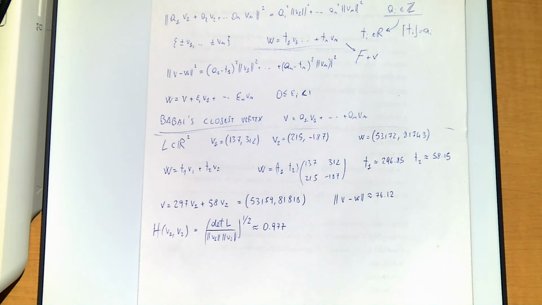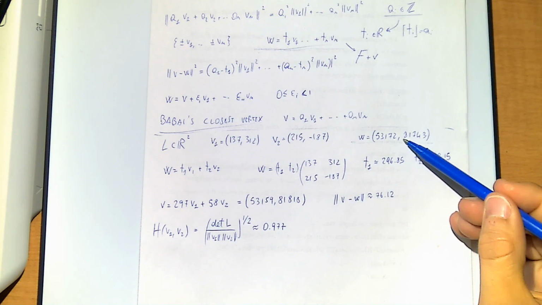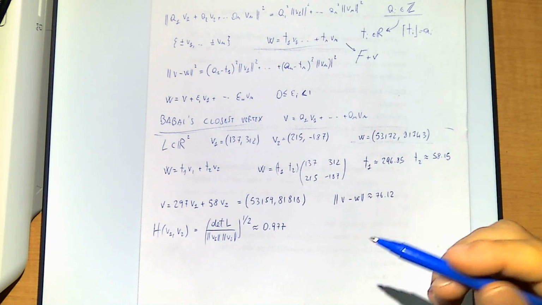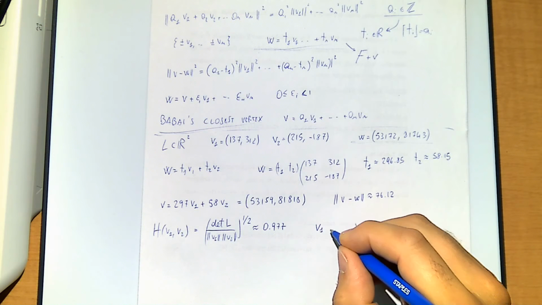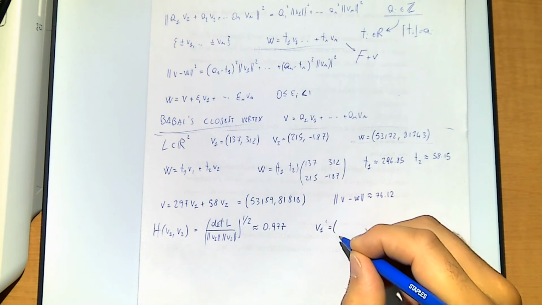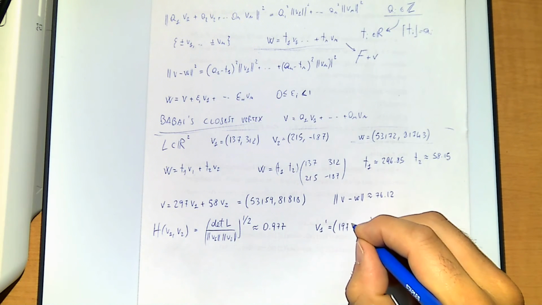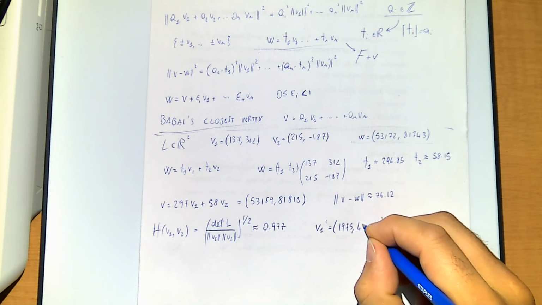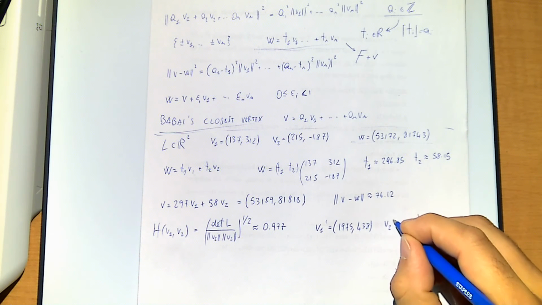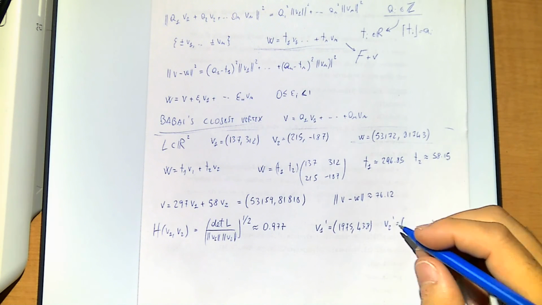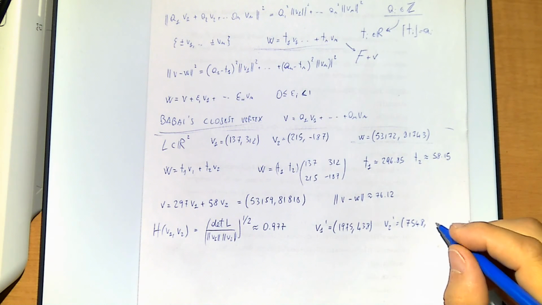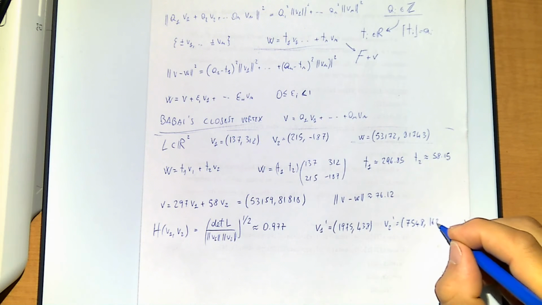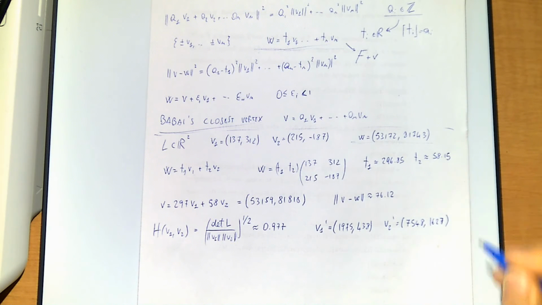Now let's try to solve the same problem: what's the vector closest to this in the same lattice, if I use a different basis? Let's use V1 prime, which is 1975, 438, and V2 prime, which is 7548, 1627.